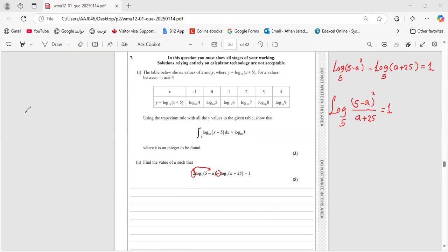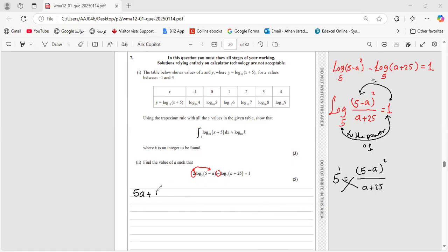From this form, you can take it as 5 to the power of 1 equals 5 minus A square over A plus 25.